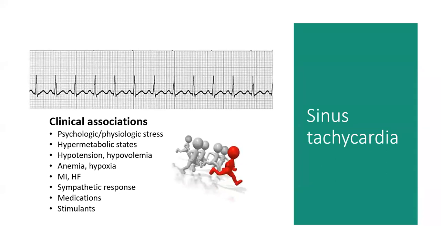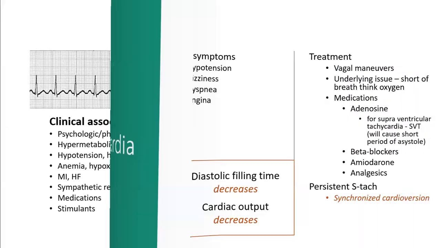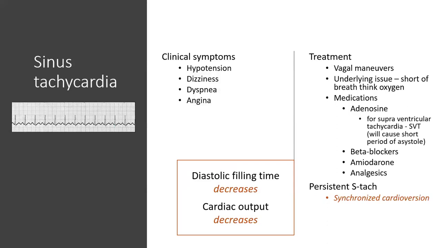Atropine was to fix bradycardia, but if I give too much atropine, I'm going to send my person to what? Tachycardia. So just be aware of what these medications can do. Stimulants like illicit drugs, caffeine, nicotine. So these are our sinus tachycardia.